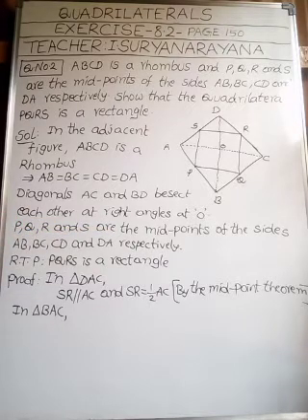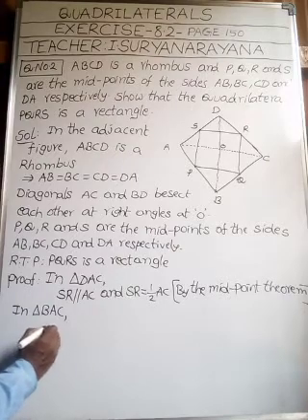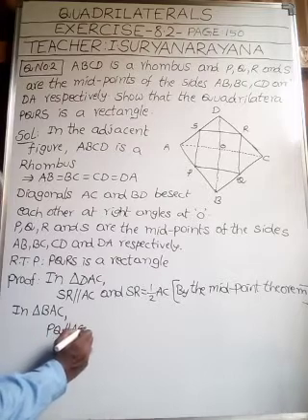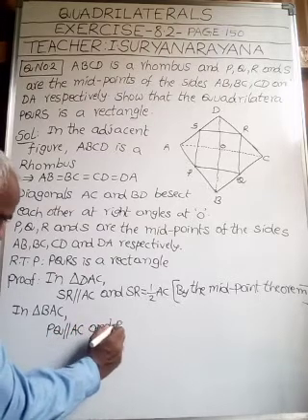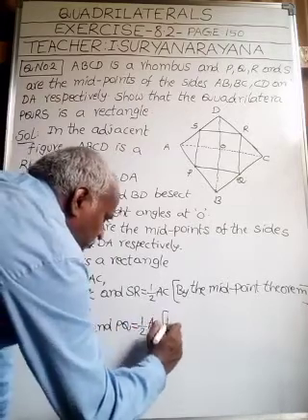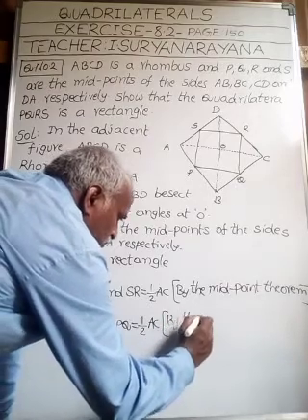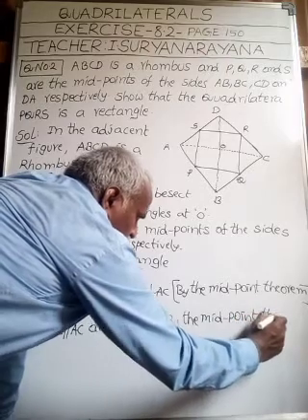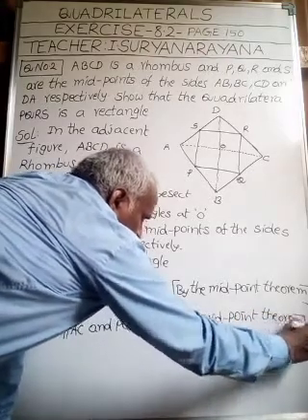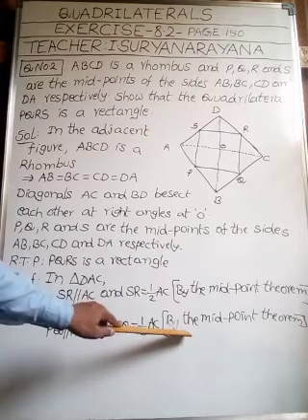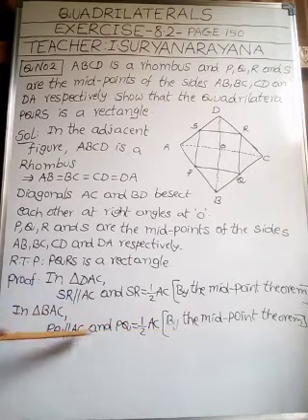Then PQ is parallel to AC and PQ is equal to half of AC by the midpoint theorem. So this statement is also written by using the midpoint theorem. Okay, my children, understood this step?